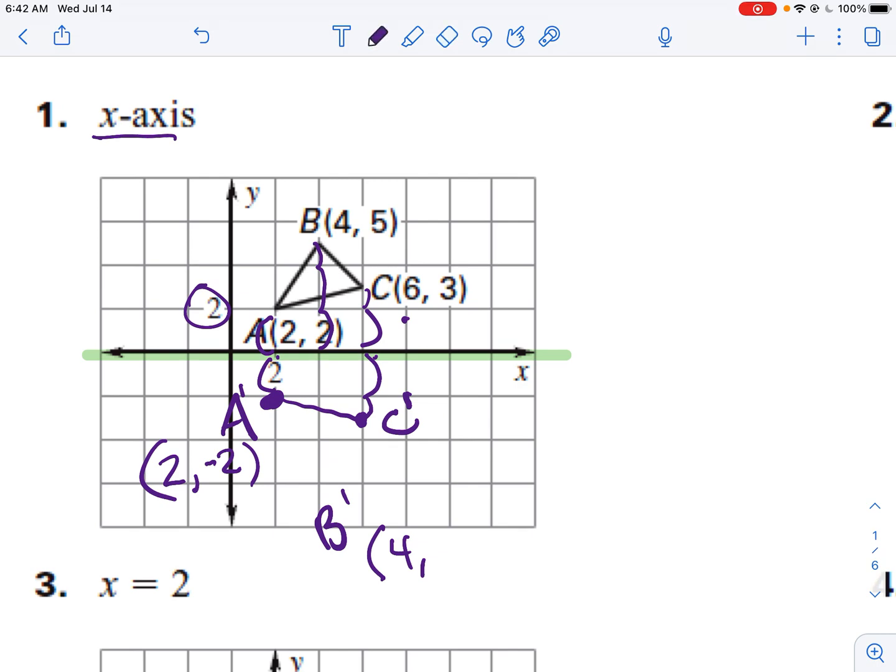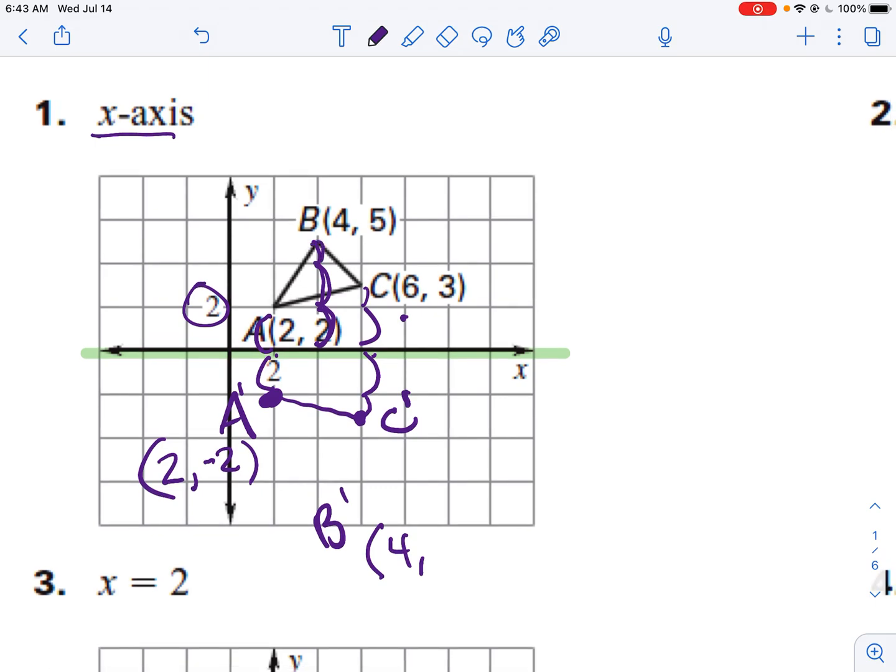It goes up 1, 2, and that's a half. That didn't go up to the whole. So this needs to go down 1, 2 and a half. So 4 and negative 5.